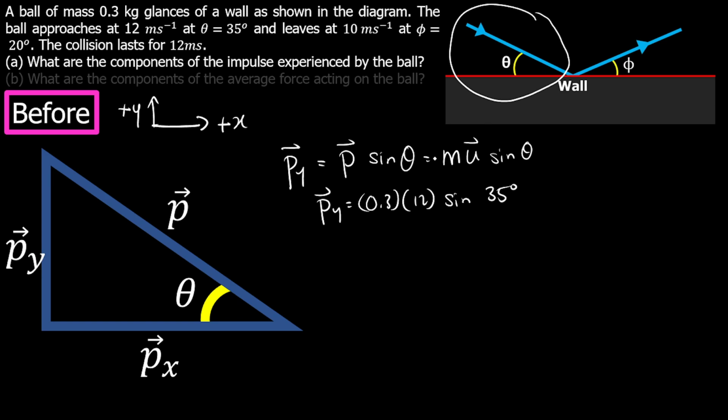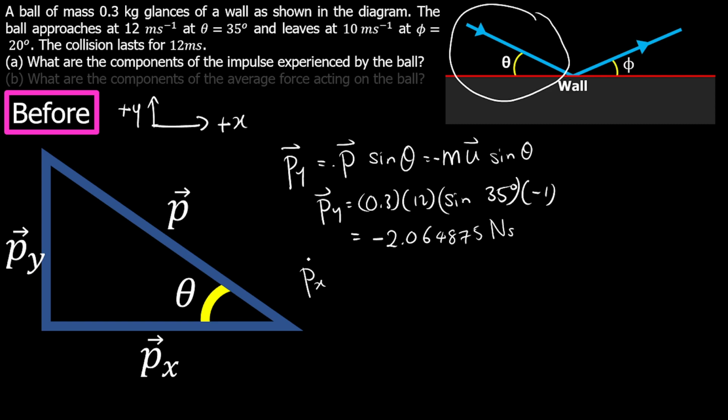So we will have to put a negative sign in front, because it's going downwards and not upwards. So then we will have negative 2.064875. I'm just going to take the 6 decimal points, and then we can work out px as well. Don't forget your units, which is Newton seconds.